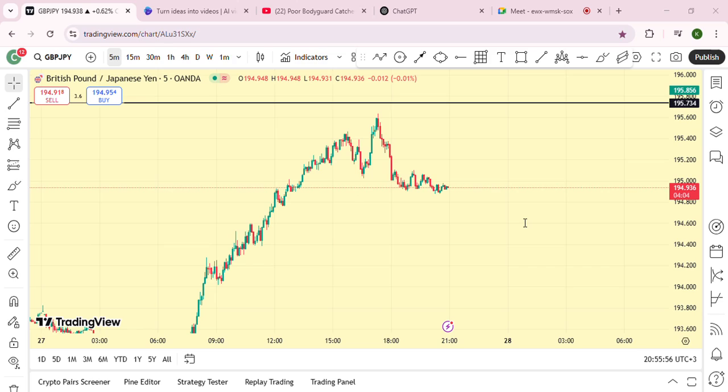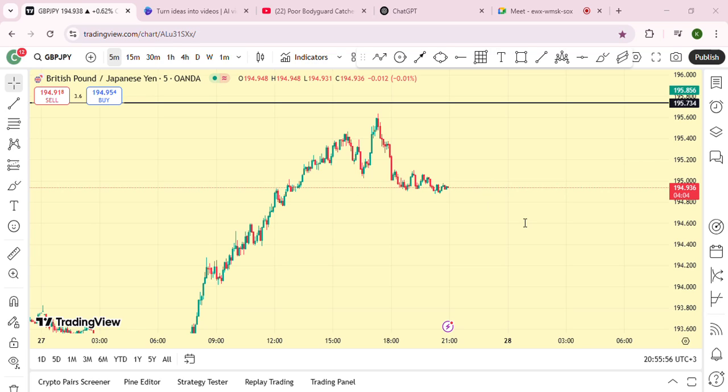0.01. This is a micro lot, right? This means that if you place a trade with the 0.01 lot and the trade goes on your side, 1 pip, you will earn what? $0.1. If it's against you, you're going to lose $0.1. If it's 0.02 lots, that is now equivalent to $0.2.